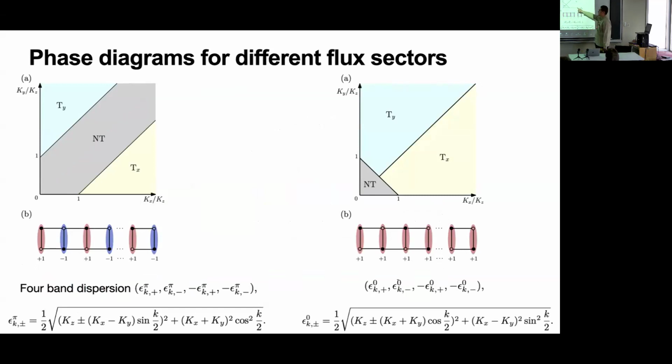One can see the same phases TX, TY, and the non-topological phase, but with different transition lines. This is interesting because when you consider parameters in this region, at the pi flux this region is non-topological, but in the zero flux this region becomes topological. So this gives us a tool to manipulate the topological nature of the system by tuning the DJ sectors.